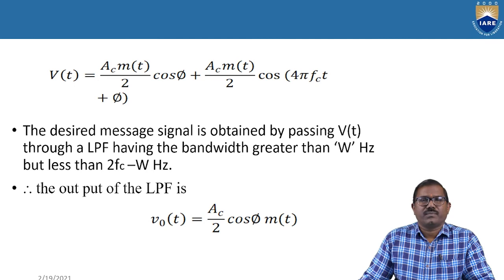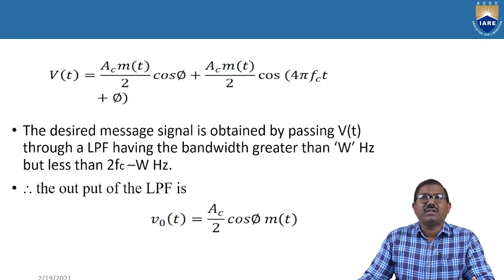Here, as we already said, after getting this v of t it is applied to the low pass filter. The low pass filter has a bandwidth greater than W and lower than 2 fc minus W. So finally, the output of this low pass filter is just Ac m of t by 2 cos phi. Why?